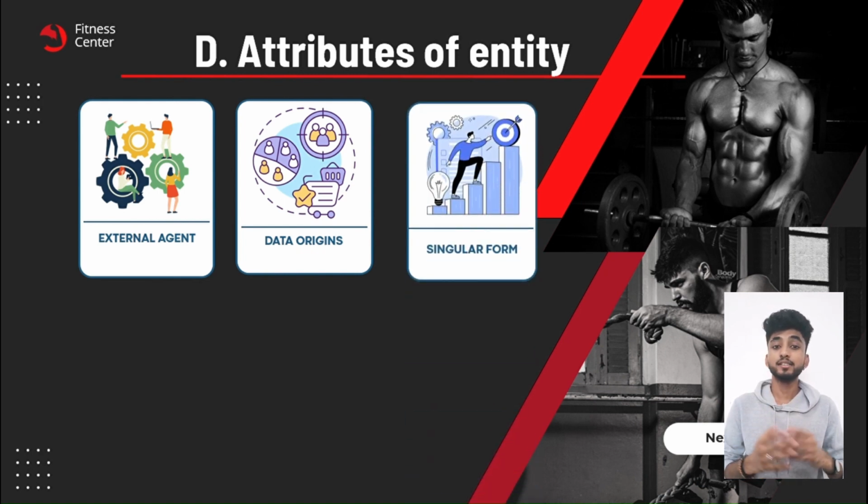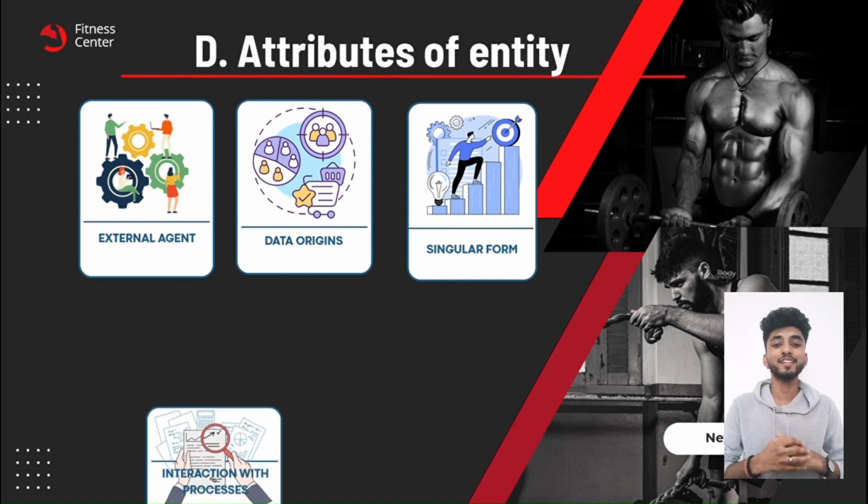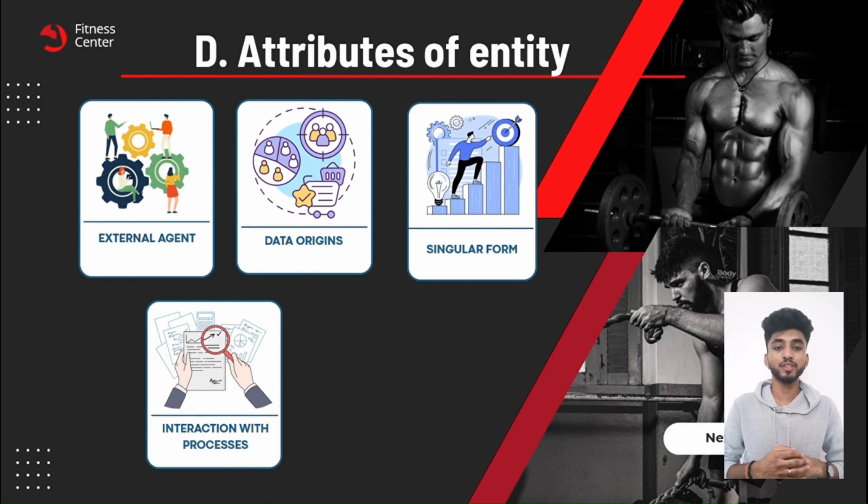Third is singular form. Entities are typically named in singular form. For example, if you have an entity representing customers, it could be named as customer rather than customers. And the fourth is interaction with processes. Entities should have interaction with processes.